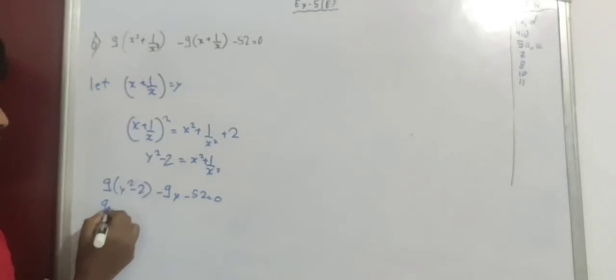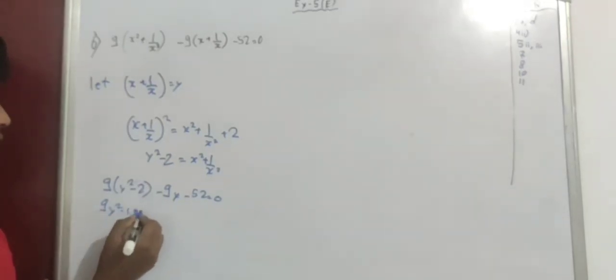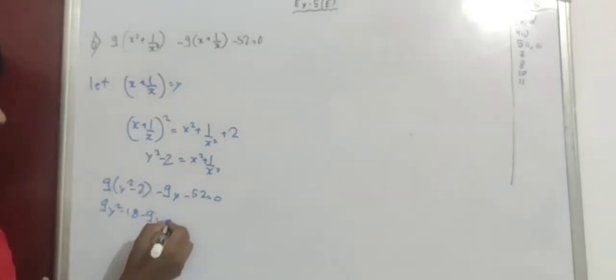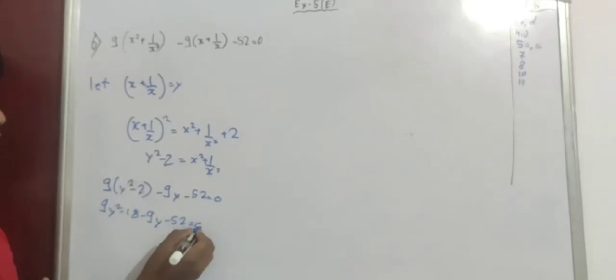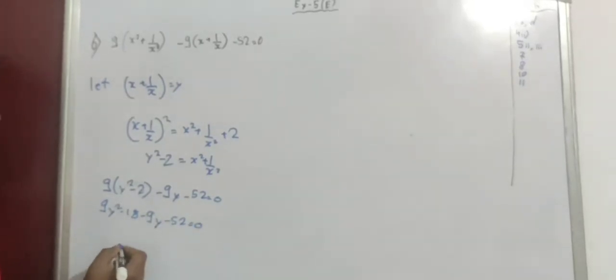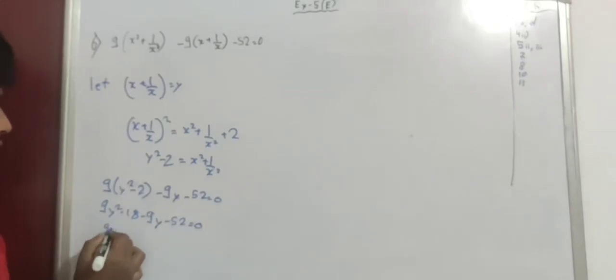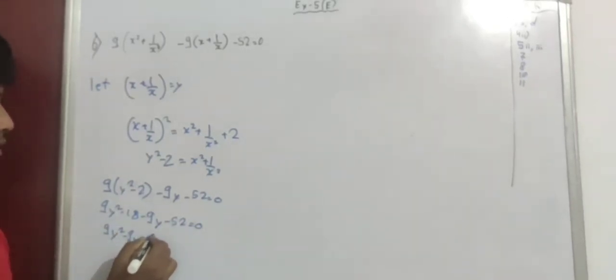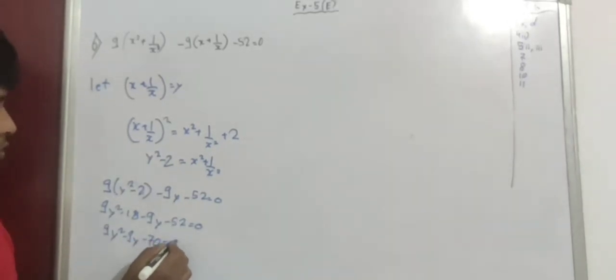Open the brackets, you get 9y square minus 18 minus 9y minus 52 is equal to 0. Solve this, you will get 9y square minus 9y minus 70 is equal to 0.